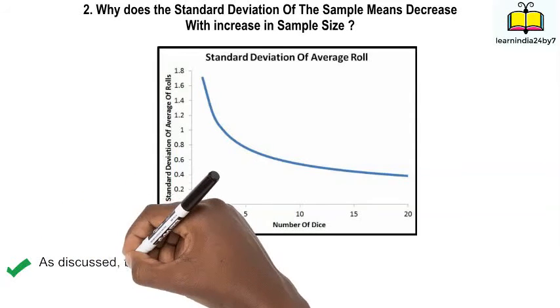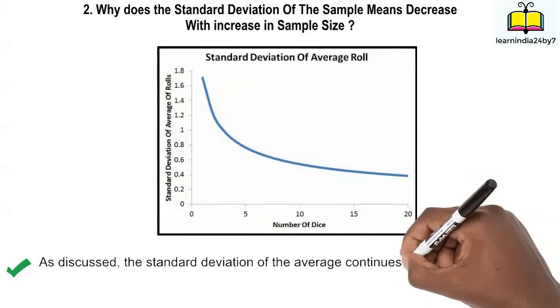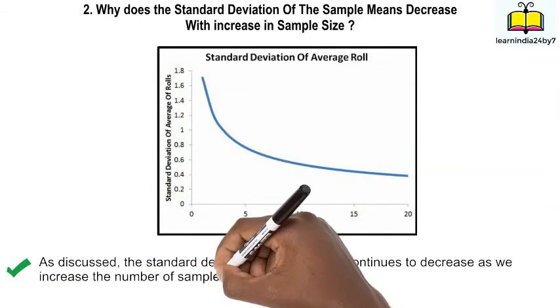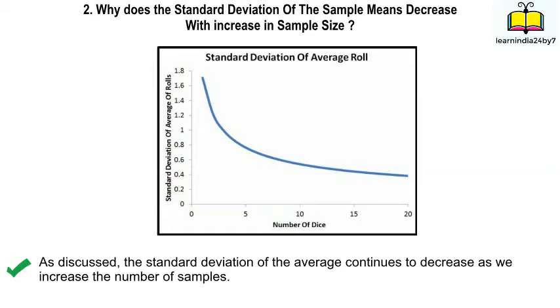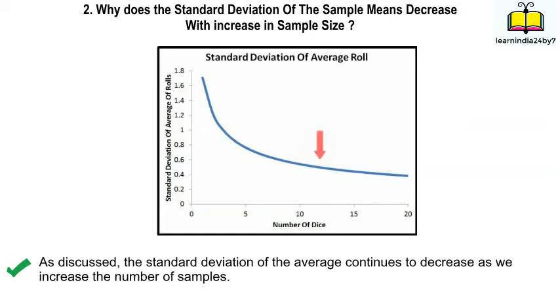As discussed already, the standard deviation of the averages continues to decrease as we increase the number of samples. The other key point about this plot is that at one point, the rate of change begins to level off. Adding a few more dice drastically reduces the standard deviation at the beginning, but it takes more and more dice to get the same amount of change.